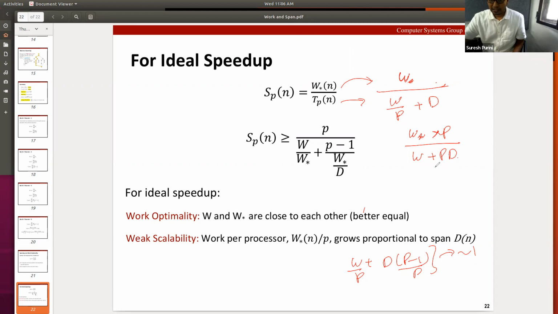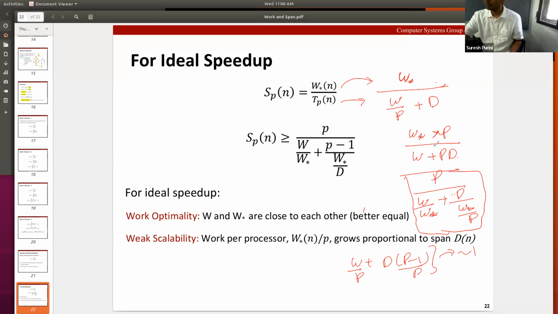And if you keep this P up here and take W star down, what we get is P by (W by W star plus (D by W star) divided by P). Is this equivalent to above? Does this make sense?